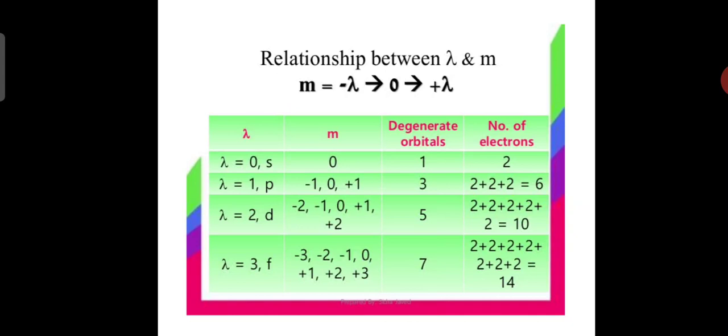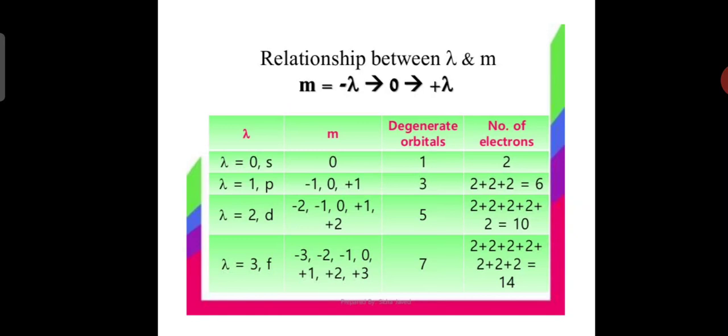The orbital there is s, so your m is also equal to 0. So your magnetic quantum number is 0. The degenerate orbital is 1. The total number of electrons there is 2. That is the explanation for energy level 1.